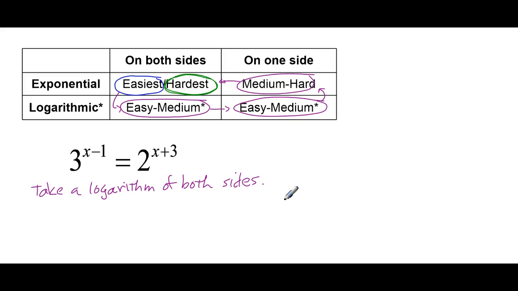The reason why those might seem like good choices is a logarithm base 3 will cancel with 3 to the x minus 1, and you'll just have x minus 1. On this side, a logarithm base 2 would cancel with 2 to the x minus 3. You'd just have the x plus 3.